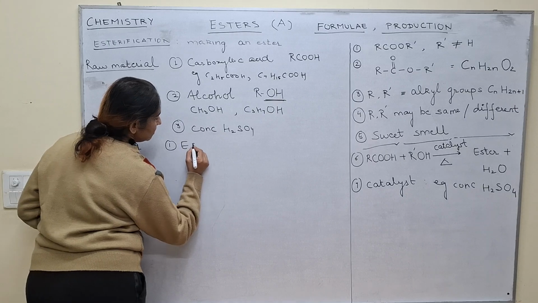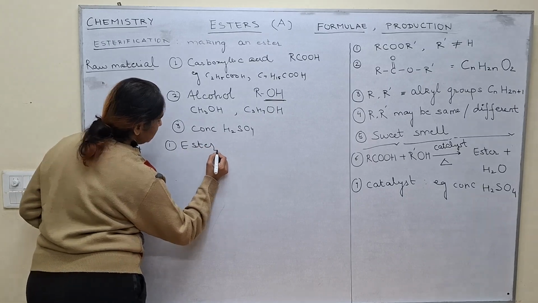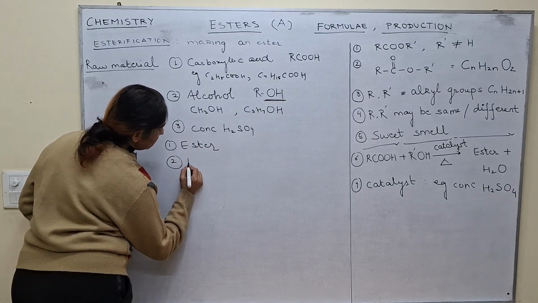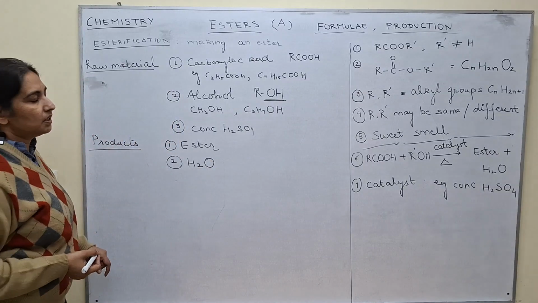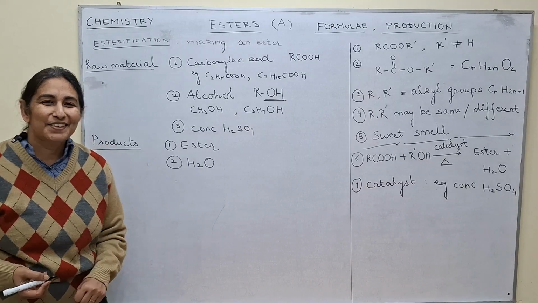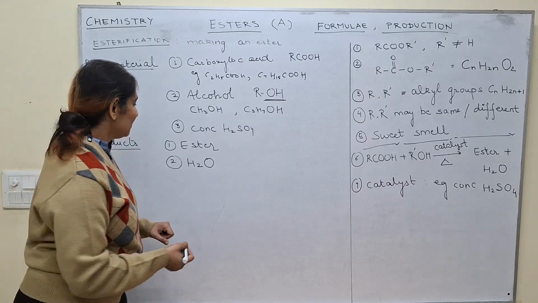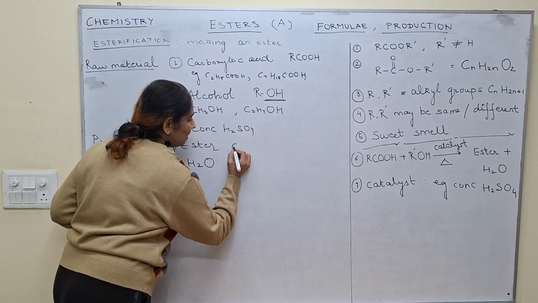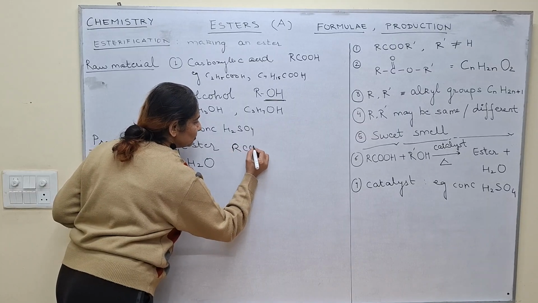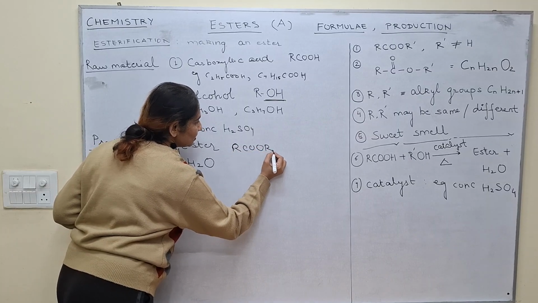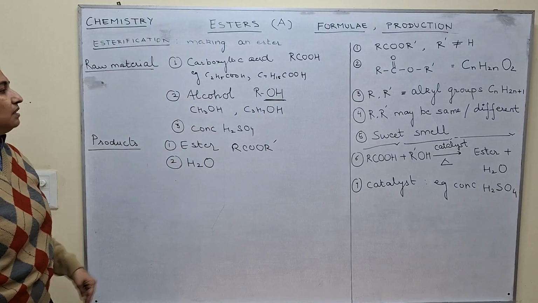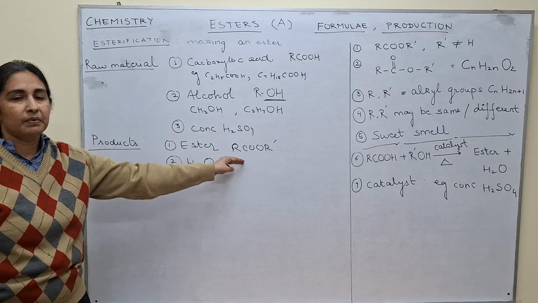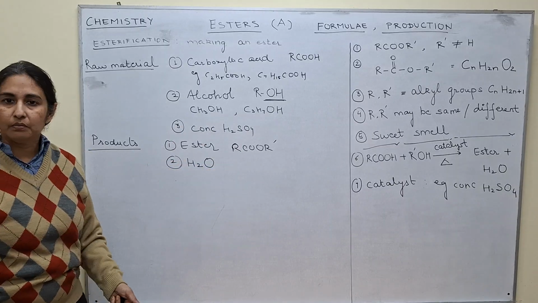One is an ester and one is the poor little chap, water. So ester we know is RCOOR dash. When we make these things react, we'll form an ester and we'll form water.